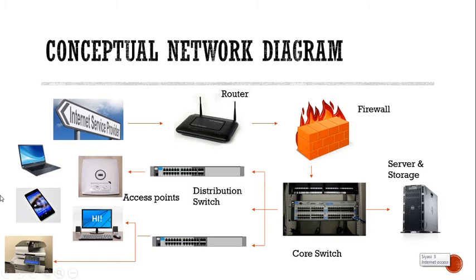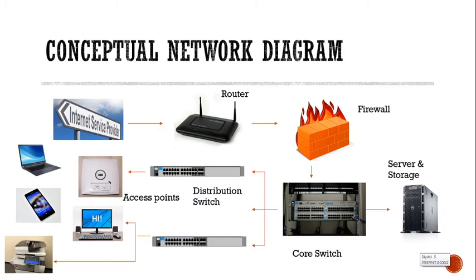And not only that, through the distribution switch we can connect to the printers, and based on the VLAN that we created for the printing services, etc., we can connect devices which are compatible with the network, either Wi-Fi or wired networks, through the distribution switch of the network. That is how the data transmission happens.